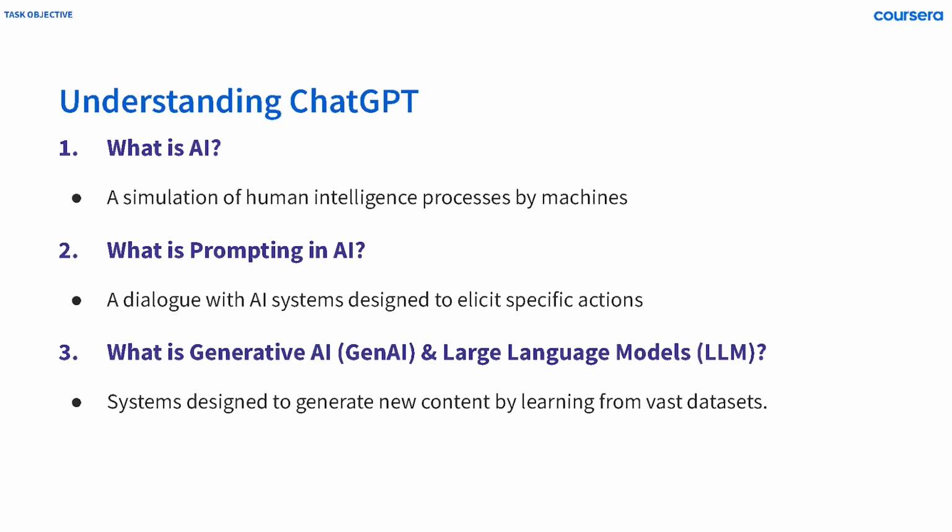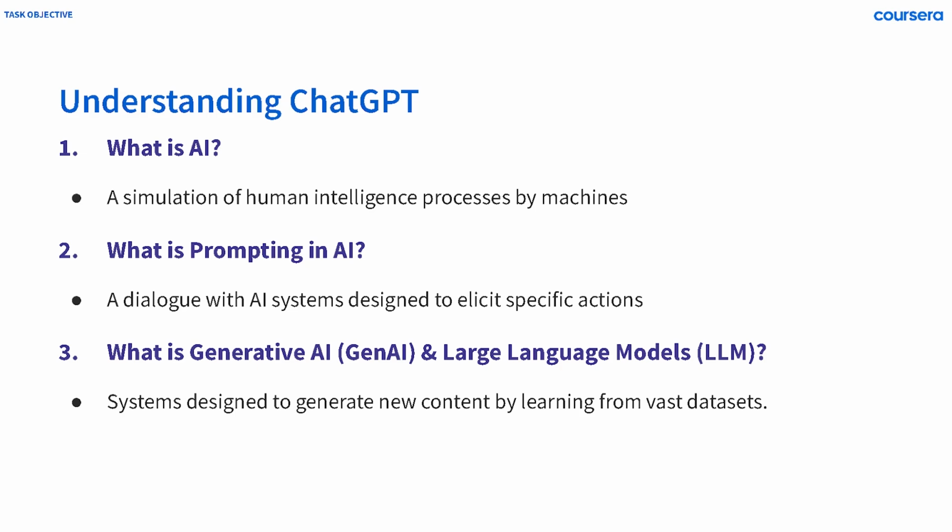Before we move forward, I want to clarify certain terms that we will continue to use throughout this video. ChatGPT is an AI, specifically a large language model, LLM, and a type of generative AI. AI stands for artificial intelligence, an attempt to simulate or replicate some aspects of human intelligence. Large language models are trained on vast amounts of human language, learning the patterns, relationships, and probabilities between words, characters, and letters.